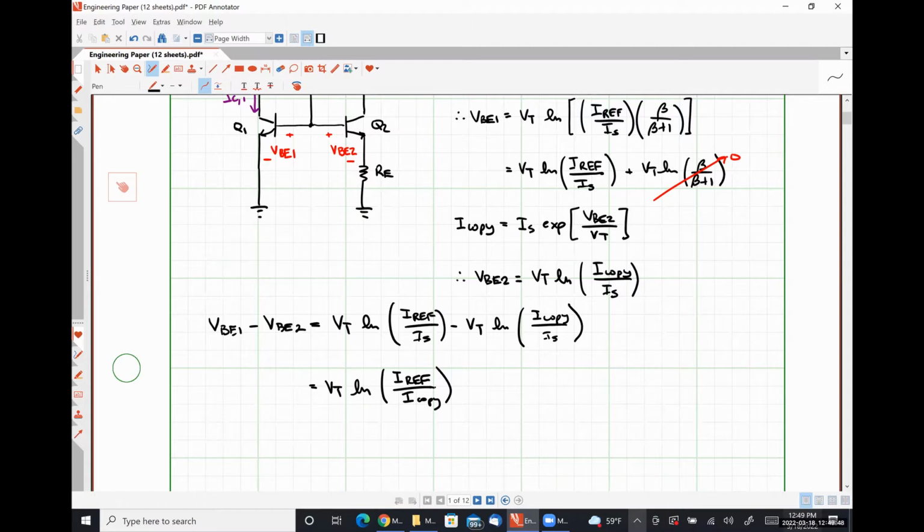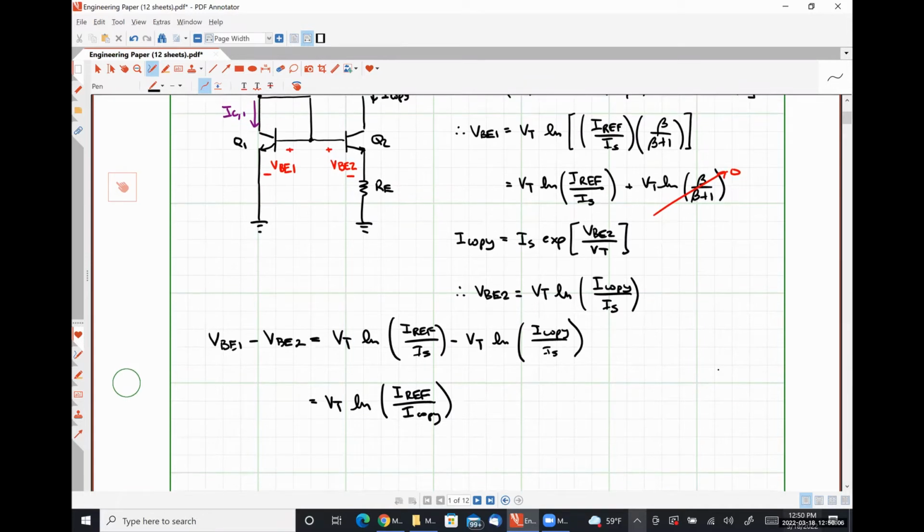Now what we're going to do is we are going to develop an alternative expression for VBE1 minus VBE2 by applying Kirchhoff's voltage law around this loop, the bottom half of the circuit, okay?